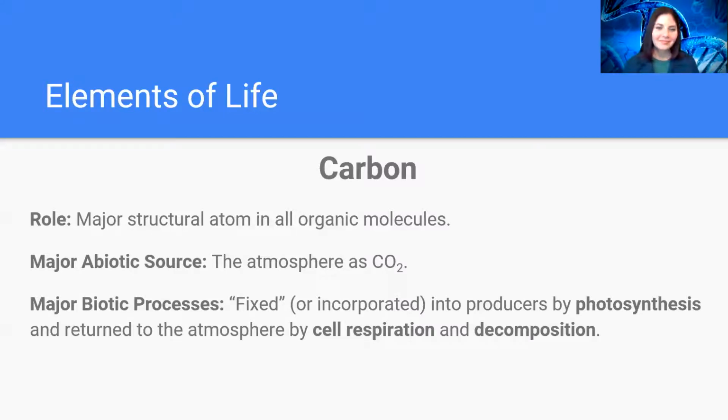We have major biotic processes that involve carbon, and that's when carbon dioxide is actually fixed or incorporated into producers by the process of photosynthesis, and then it's actually returned back into the atmosphere through cellular respiration or decomposition. So if you think about photosynthesis, we are taking the products of cellular respiration, which are water and carbon dioxide.